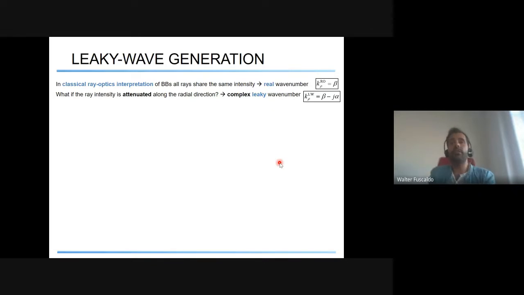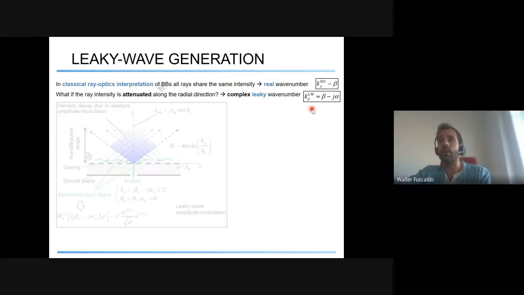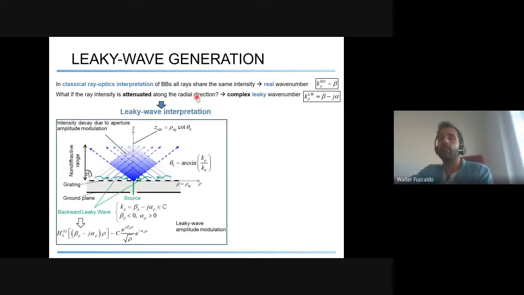But if the ray is attenuated along the radial direction, we should use a complex wave number, which in this case we call a complex leaky wave number, characterized both by a phase constant and an attenuation constant, also called leakage rate. How does this affect the generation of Bessel beams?